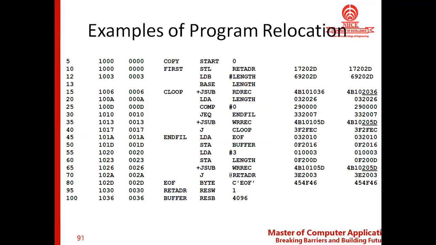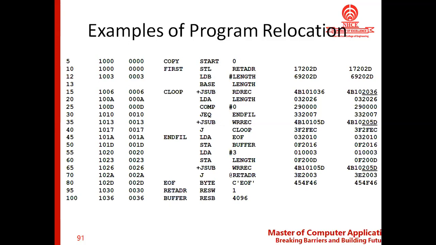So this is the SIC/XE program. When the assembler creates the object code, the programmer has assumed the starting address of the program is 0. So when the source program is given to the assembler, the assembler also assumes that the starting address of the program is 0, because till the time of loading we do not know what address will be given to the program.